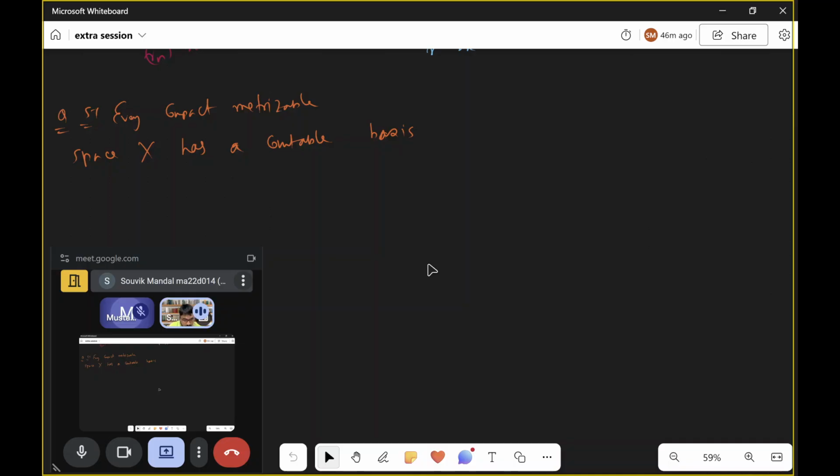So the solution goes as follows. First of all, it is a compact metrizable space. So we can start with some open cover of X, and it will have a finite subcover, right?